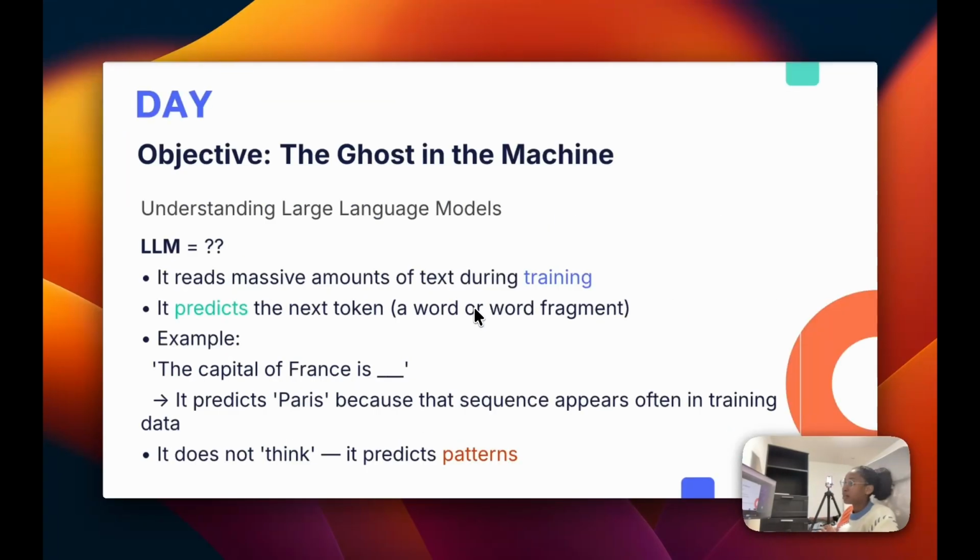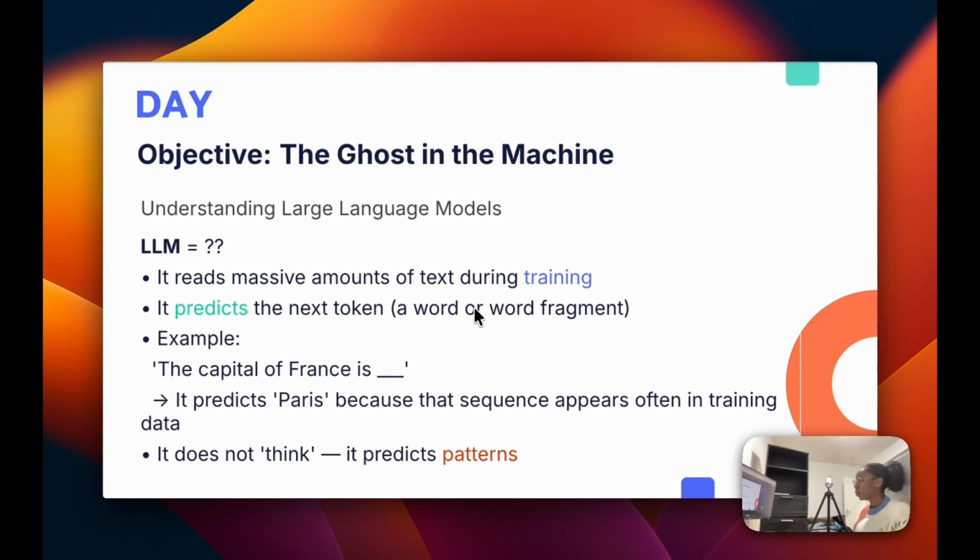Now that we understand what a large language model is in words, what does it mean technically? Large language models read a lot of text data during training. So it is being bombarded with a lot of text, just for it to be able to use it to predict what is next.